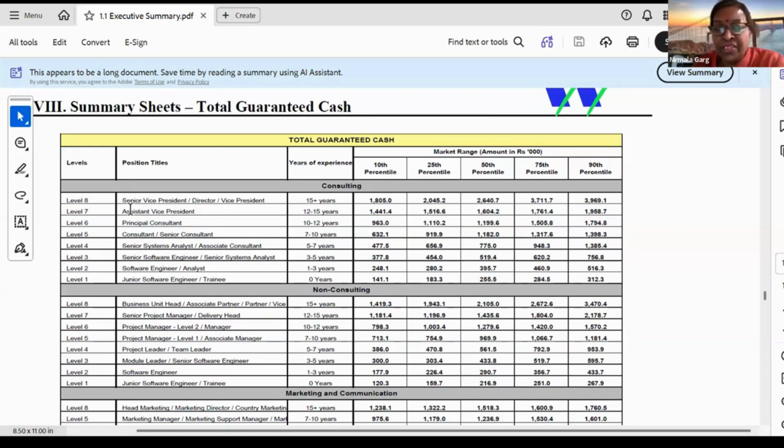Just going by the title and saying, hey, where am I, will be wrong. First of all, look at the job description, whether what you call a senior vice president is doing the same responsibility, same impact, same complexity. If your job matches, then see, hey, my salary, is it here? Is it here? Is it here?